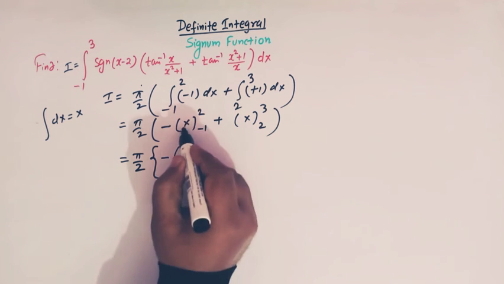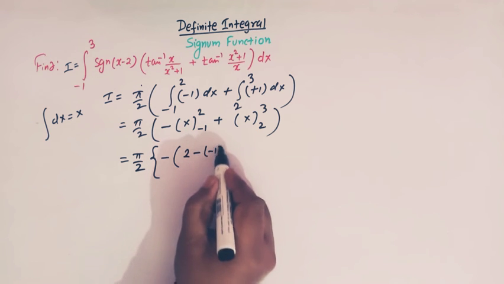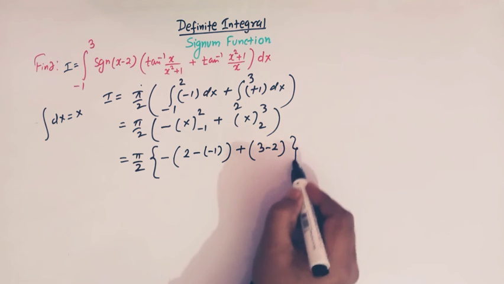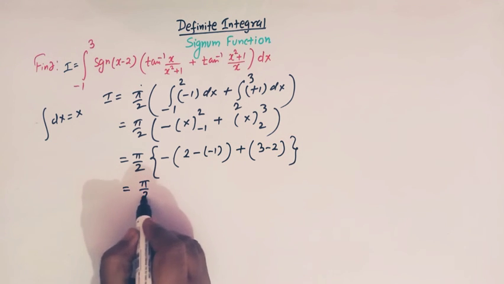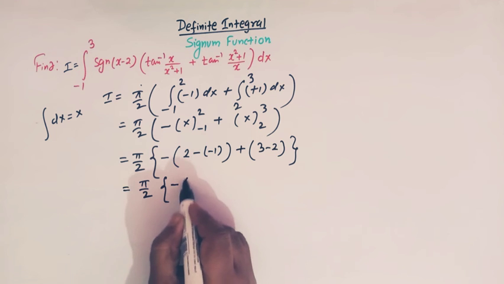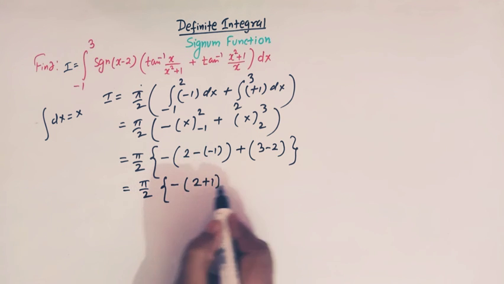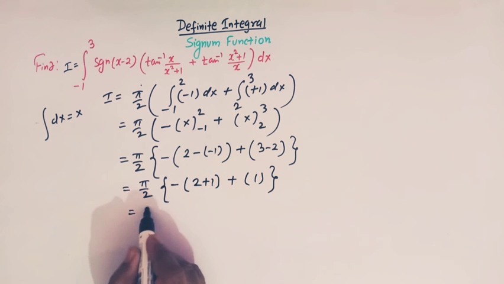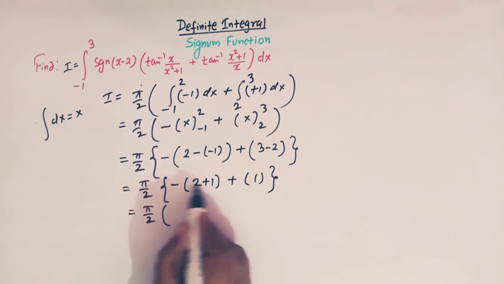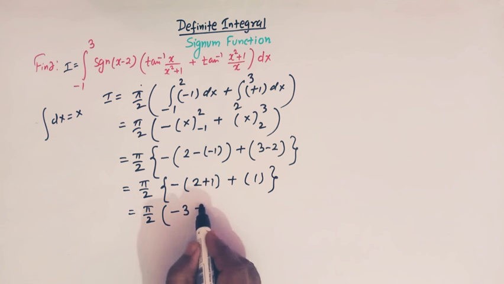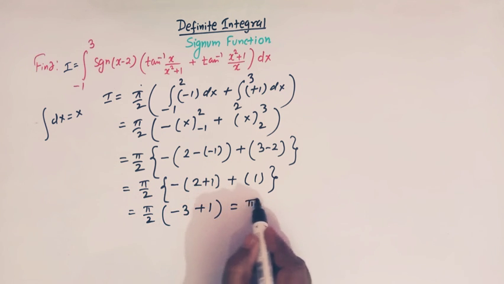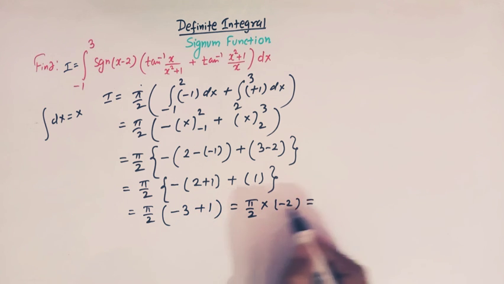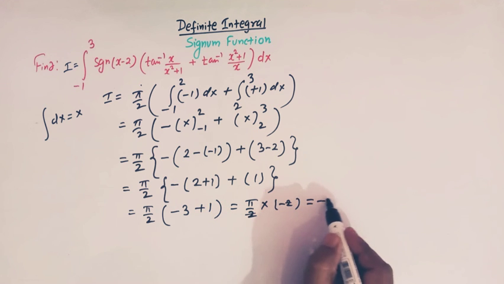We have pi over 2 times [minus (2 plus 1) plus (3 minus 2)], which is pi over 2 times [-3 plus 1], which is pi over 2 times -2. The 2s cancel and we have minus pi.